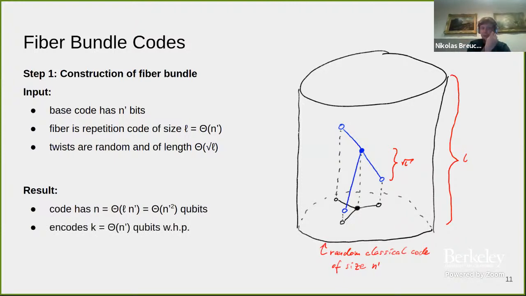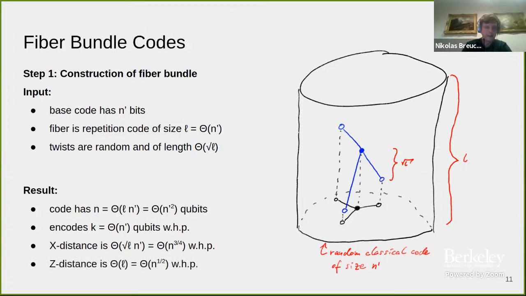The encoded degrees of freedom are simply given through the base code. And since the base code can be a good code, this can scale with n prime. And what they then show, and I unfortunately can't give you a good intuition for this because this is based on probabilistic arguments, is that the x distance scales with square root of L times n prime. So this gives us a distance scaling as n to the 3/4 with high probability.